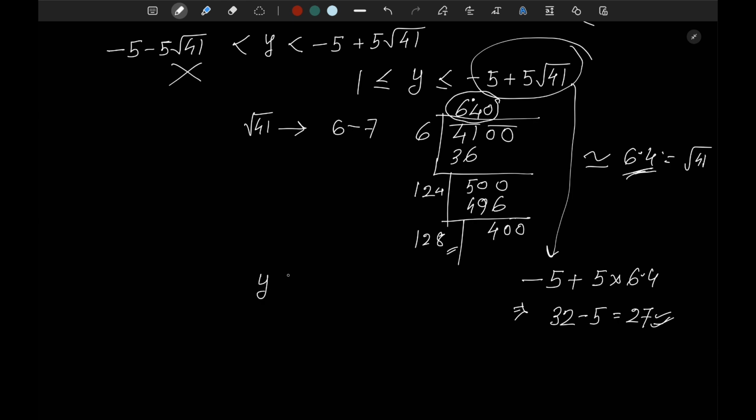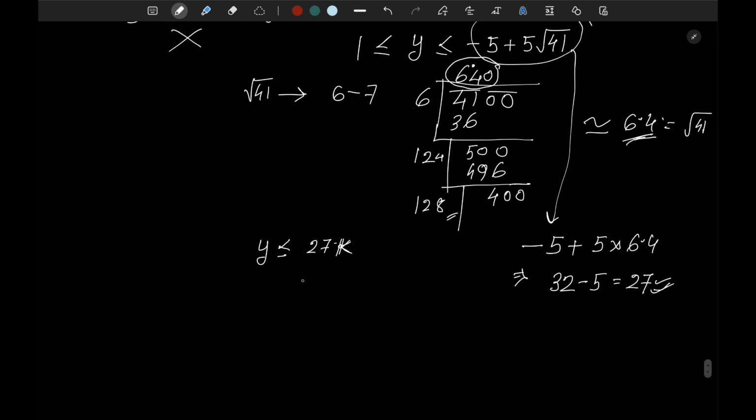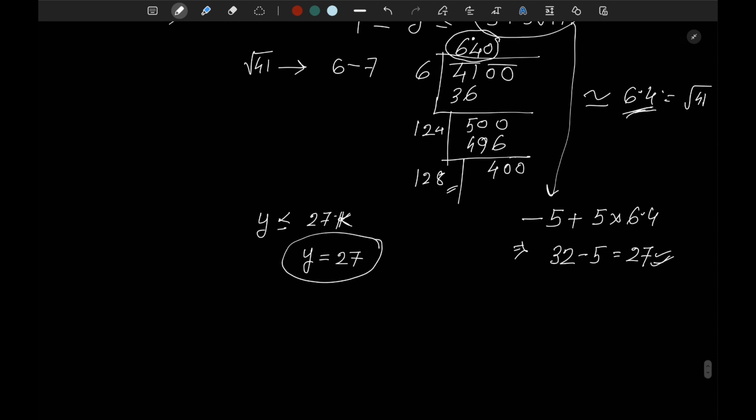That means you have some value which is less than or equal to something like 27.k. So what is the largest value of y you can have? That is 27, just less than 27.k. Why are we taking only integer values? Because they have mentioned that y is a natural number, right?